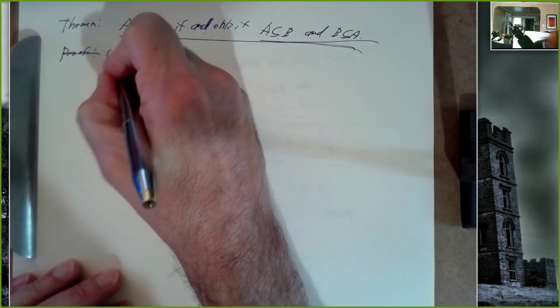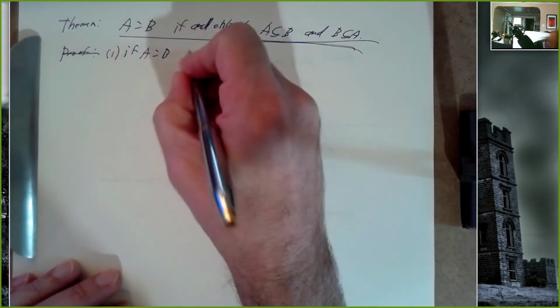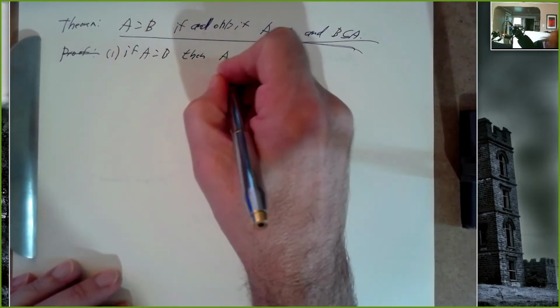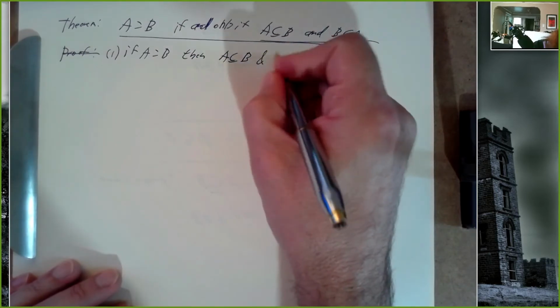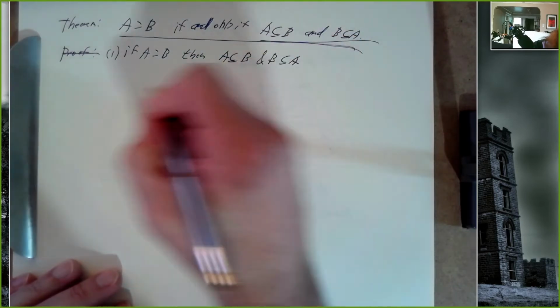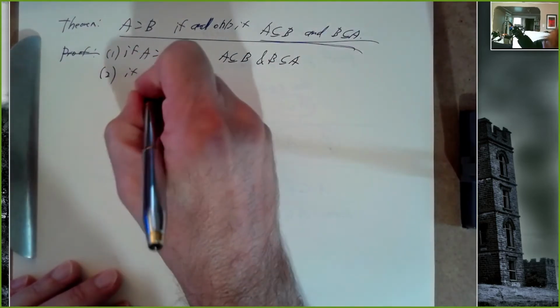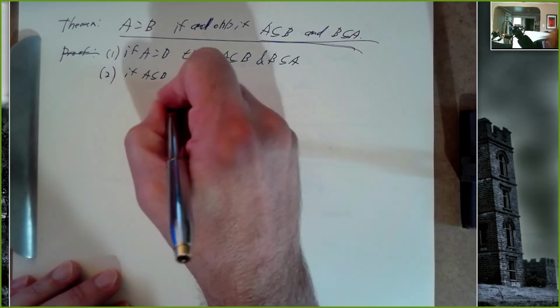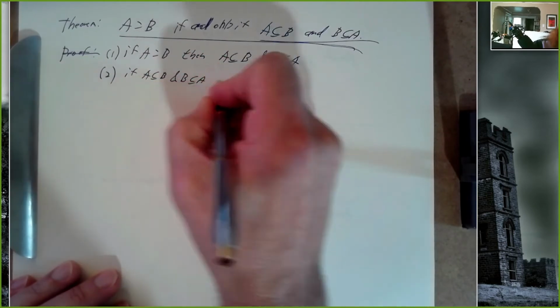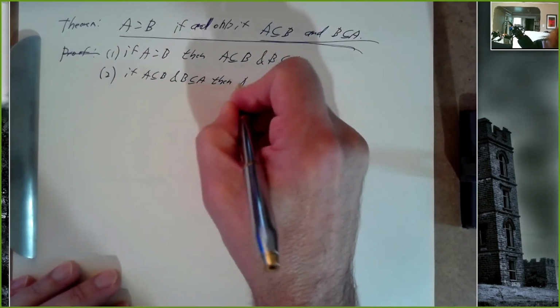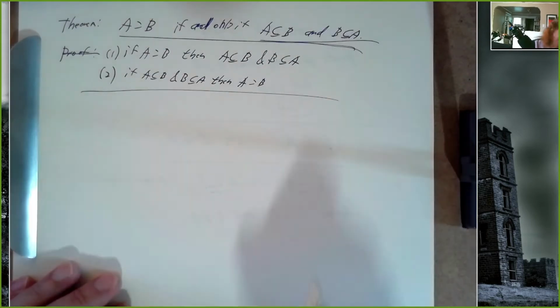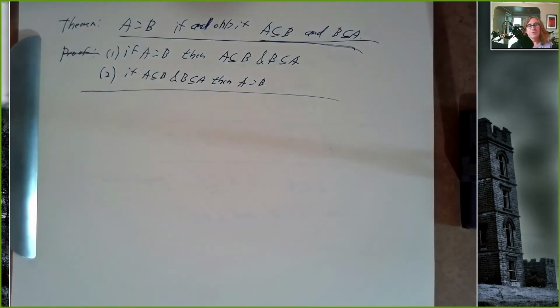If A equals B, then A is a subset of B and B is a subset of A. And that's one thing this statement says. The other thing it says is if A is a subset of B and B is a subset of A, then A equals B. So we really need to prove both of those things.